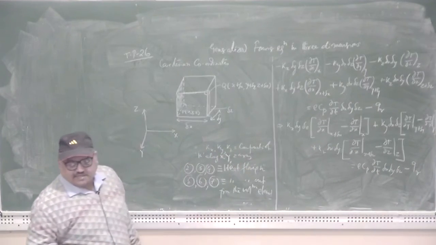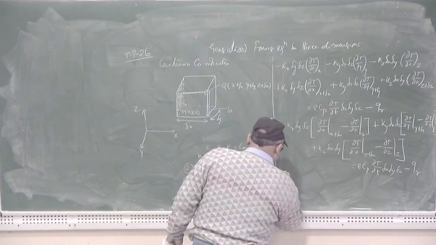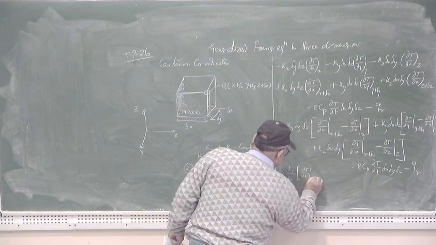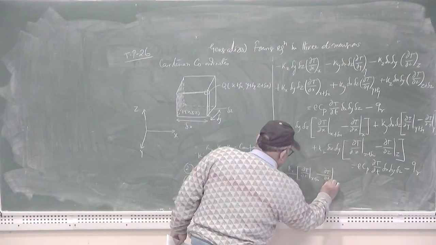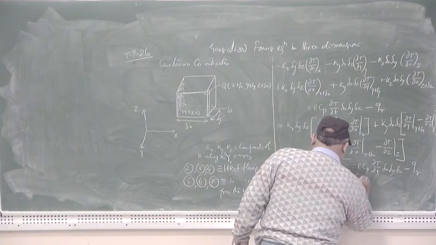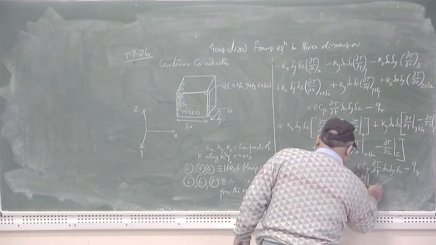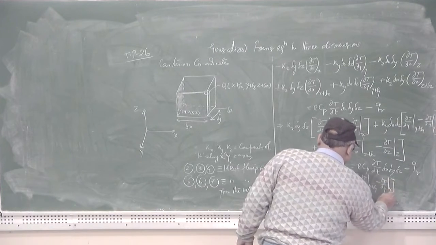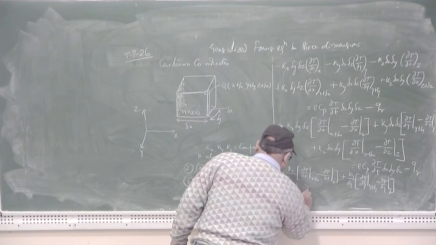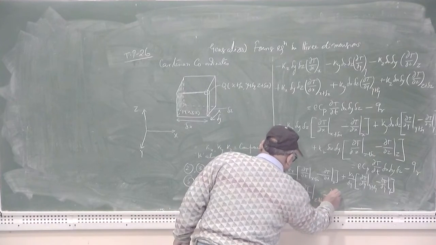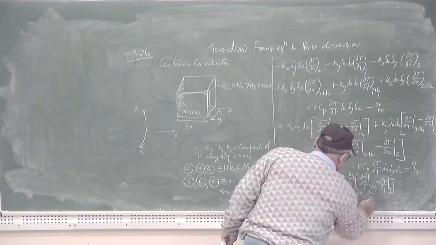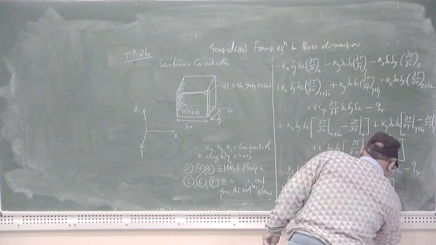So dividing the whole expression by delta x delta y delta z, you can write kx divided by delta x, this plus the quantity kz by delta z, the difference in the gradient along the z direction at 2 points, that should be equal to rho Cp delta T by delta t minus QR divided by delta x delta y delta z.